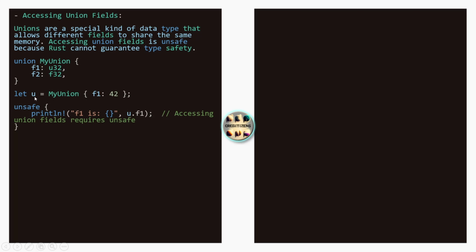So union with an i32 and an f32, unsafe. Accessing union fields requires unsafe. Okay, so here what it says is that unions are a special kind of data type that allows those different fields to share the same memory.